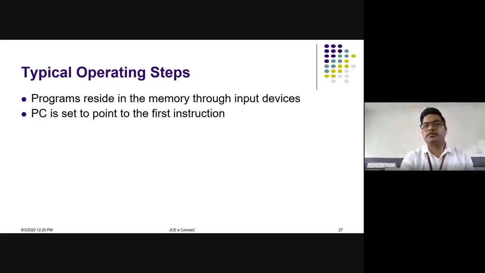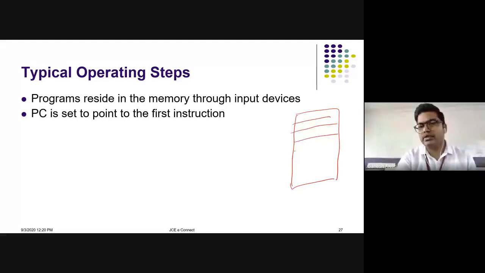Okay. So if I say this is our memory, and these are the different memory locations, you can say 0x01, 0x02, 0x03. This also varies based on how much data we are storing. We will be discussing this in more detail further.